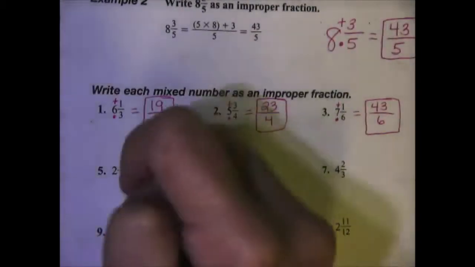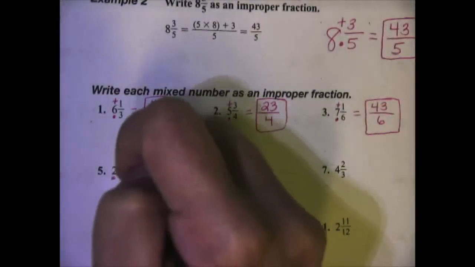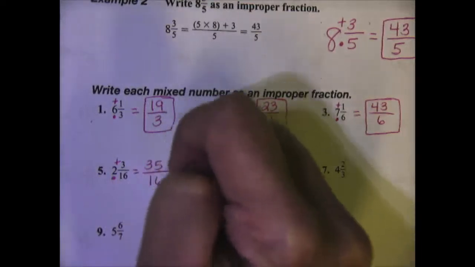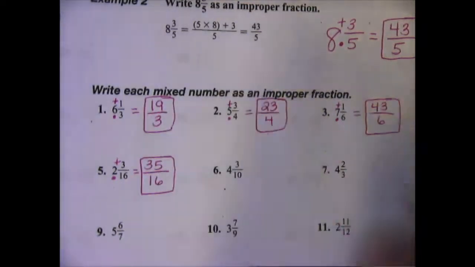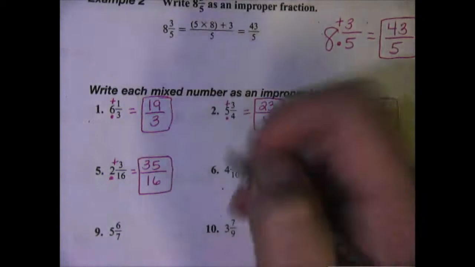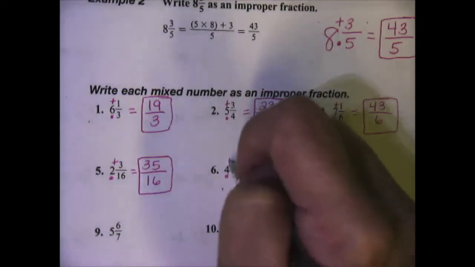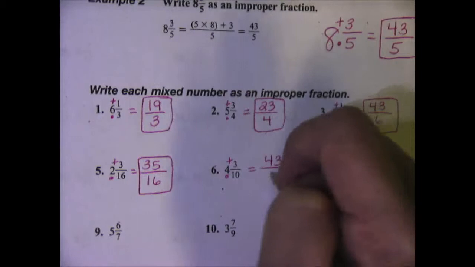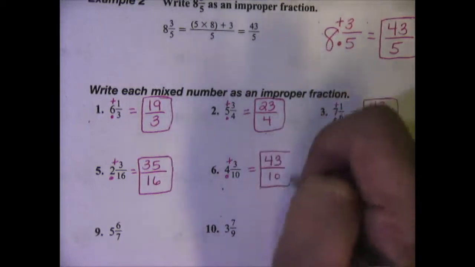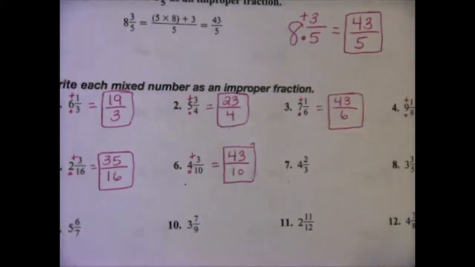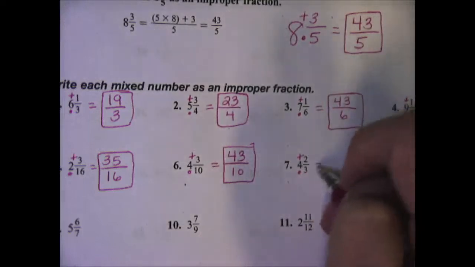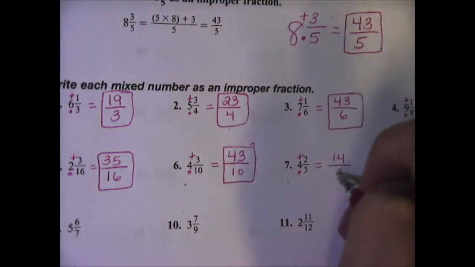Number 5, 16 times 2 is 32, plus 3 is 35. 35 over 16. Number 6, 10 times 4 is 40, plus 3 is 43, so 43 in the numerator, 10 in the denominator. Number 7, 3 times 4 is 12, plus 2 equals 14, over 3.